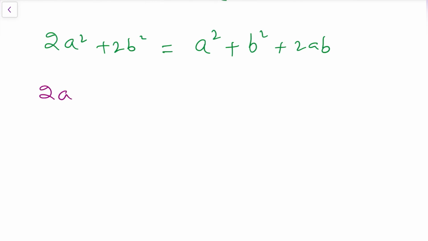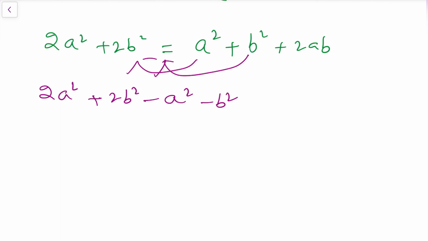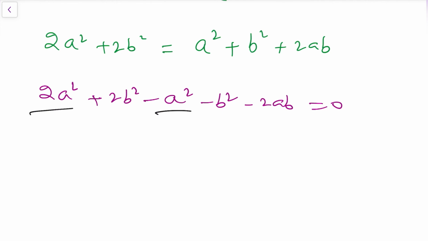So 2a square as it is plus 2b square as it is, and a square on the other side becomes minus a square, the same way minus b square, and minus 2ab is equal to 0. Now 2a square minus a square, 2b square minus b square, minus 2ab is equal to 0.